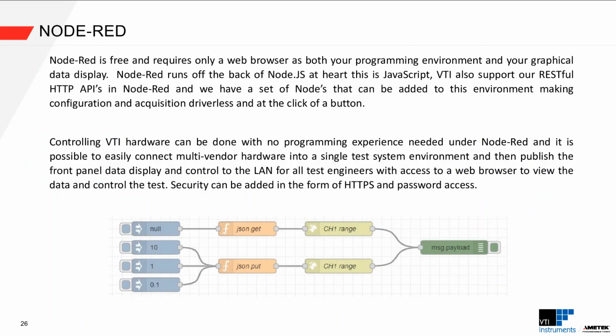And as I said, Node-RED is free, and it only requires a web browser as both your programming environment and your graphical data display. At the heart of Node-RED is JavaScript, but you don't need to be a Java programmer to be able to use it.